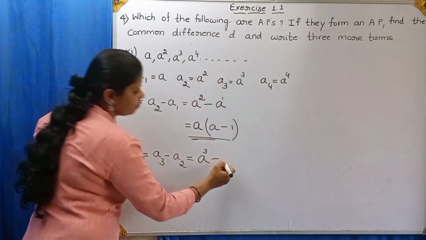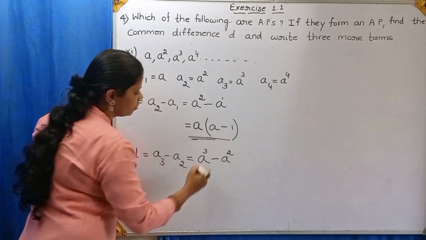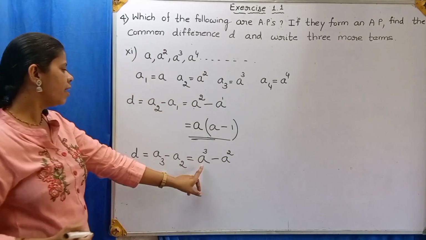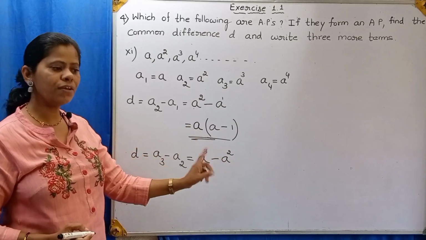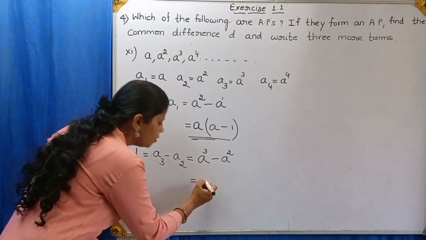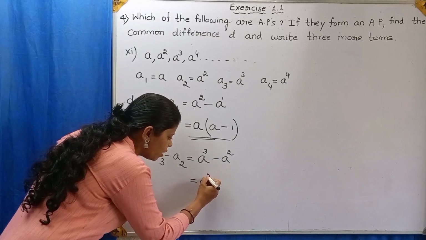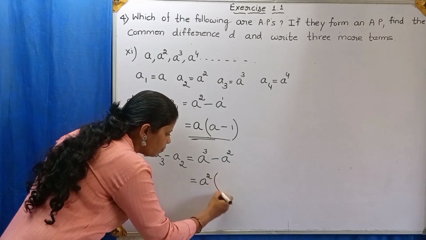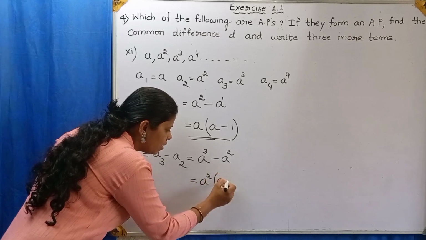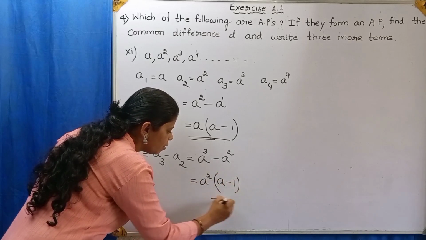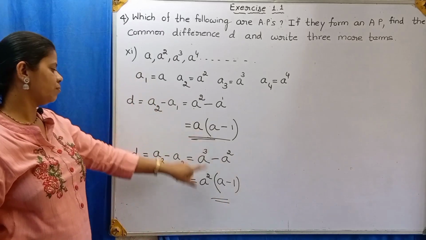A square. Now look at this. A cube and a square. Which is common in both? A square, it is common in both. Right? Therefore, let me take a square outside. Now, see what is left here? A minus 1.